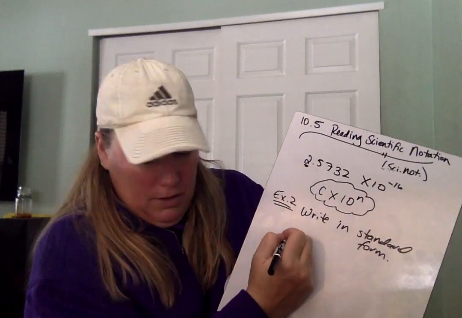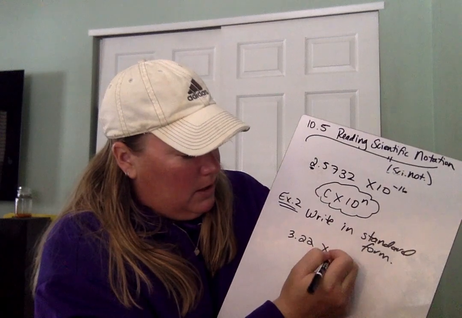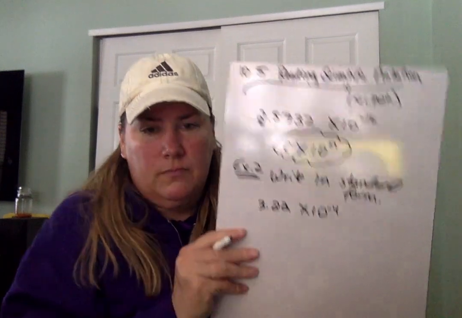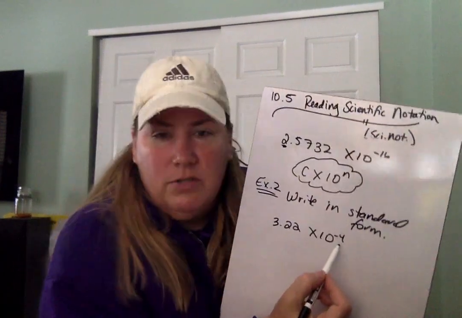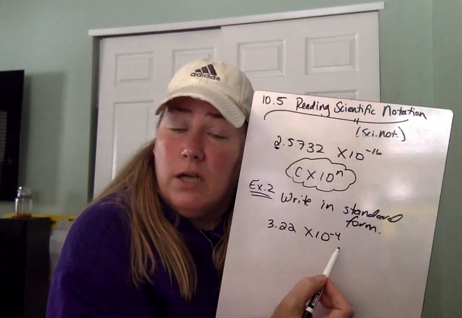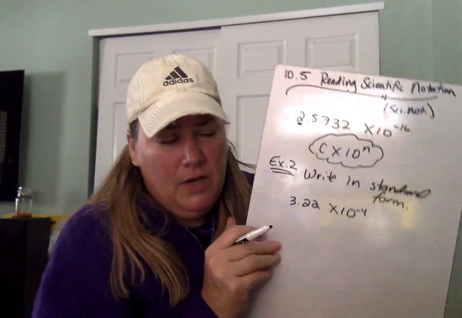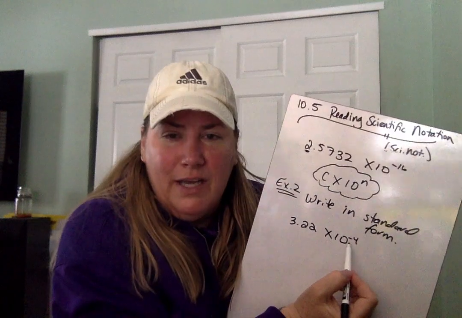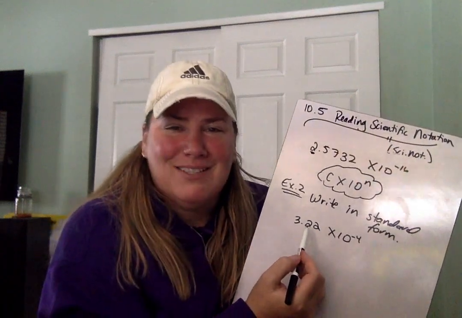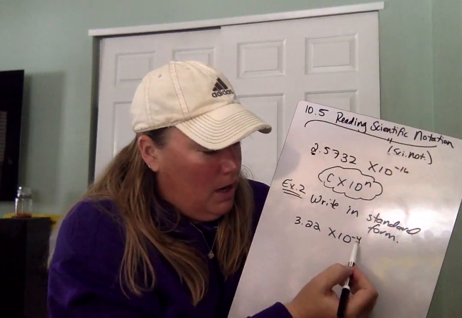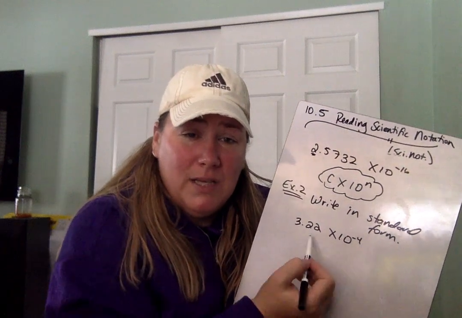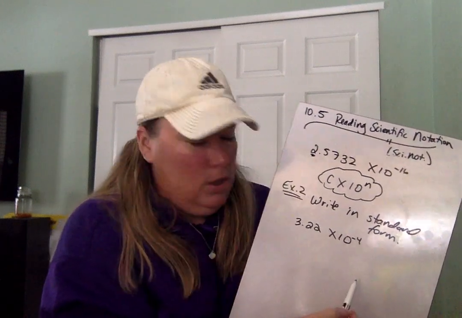So we have 3.22 times 10 to the negative 4. Now with our negative exponents, you guys knew that numbers got smaller, but they did not turn negative. So what happens when you have a negative power, that means your factor has to get smaller. If your power is positive, that means your factor gets larger.